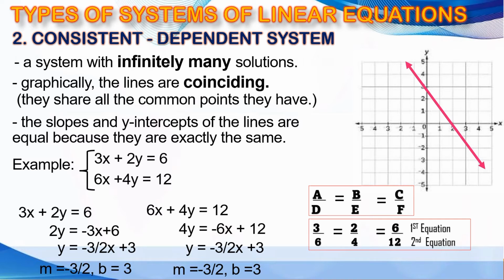Finding the ratio of A over D, 3 divided by 6, that is equal to 1/2. 2 divided by 4 is also 1/2, and 6 divided by 12 is also 1/2. So the ratios of the coefficients of x, y, and the constants are all equal. So we have a consistent, dependent system using the standard form of the linear equation.